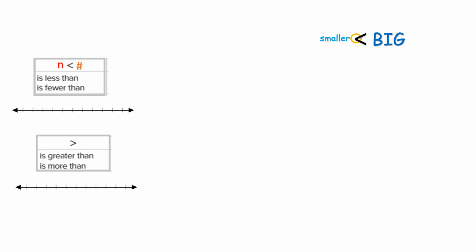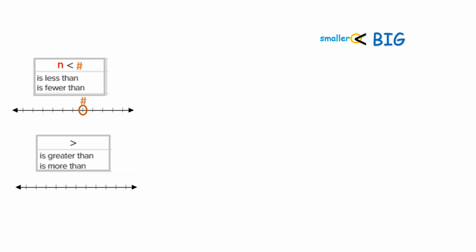Think back to the Robin Hood image that I used before, talking about an arrowhead. The point always goes to the smallest number. The opening is always going to be the big one, right? So on this first example, we know that my variable is less than whatever number is given because the arrow is pointing to it. So let's just say this is the number that would be given. The arrow is pointing to it.